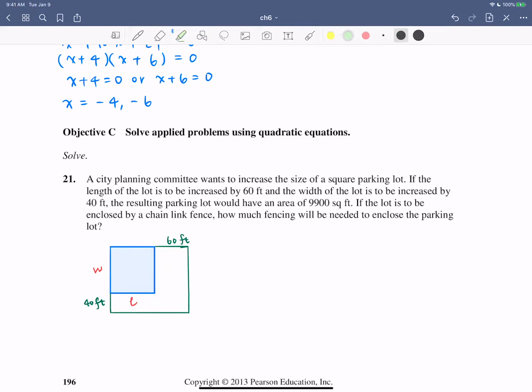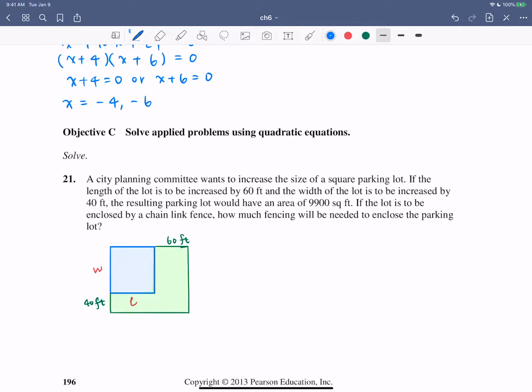And if I shade everything inside, including the original, that's going to be 9,900. So this is the new parking lot. The original is the blue one, and the new parking lot is the blue plus the green.